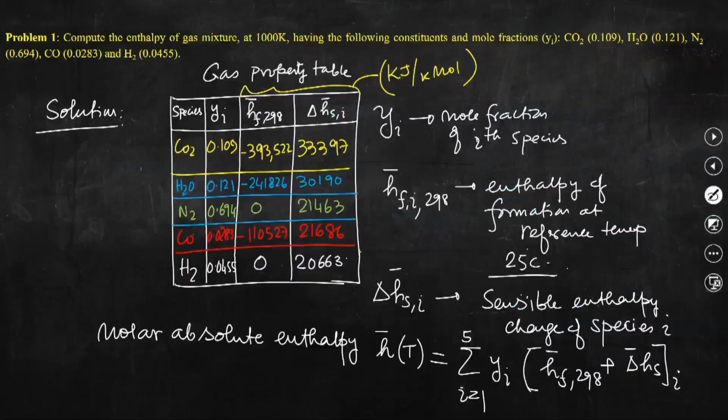In fact, if I write here, this delta H_i is nothing but H minus H_298. So, this is the sensible enthalpy change of species i.